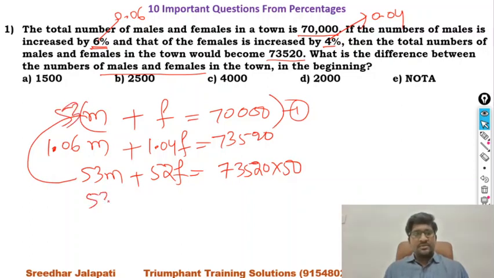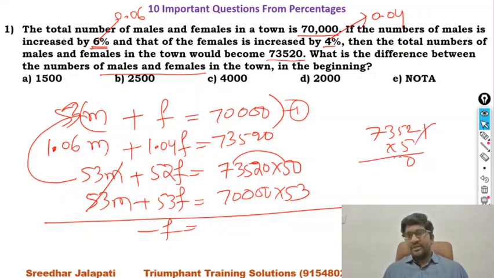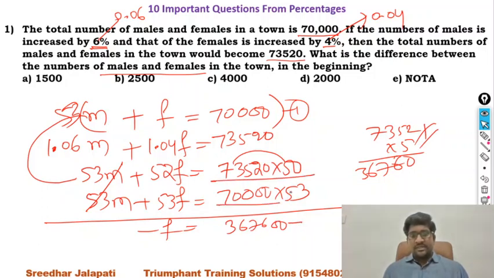So then first equation becomes 53M plus 53F is equal to 70,000 into 53, and on subtraction this will get cancelled, so this becomes minus F is equal to, you have to simplify these values. 7352 into 50 is 3,67,600 numerator, the above value, minus, if I simplify this you can write directly.